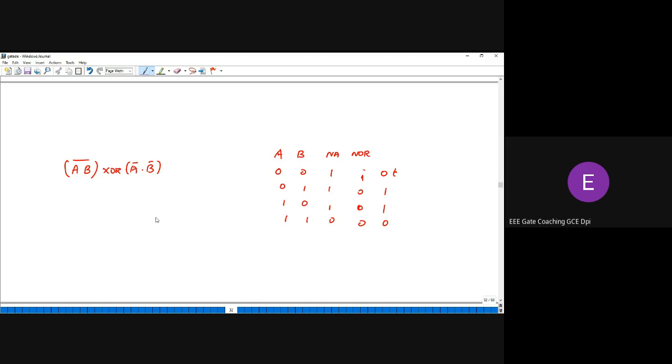My input is 0 0 0 1 1 0 1 1. If I perform NAND gate, that is 1 1 1 0. If I perform NOR gate, means this is 1 0 0 0. If I perform XNOR between these two gates, I will get 0 1 1 0. So 0 1 1 0 is nothing but XOR gate.